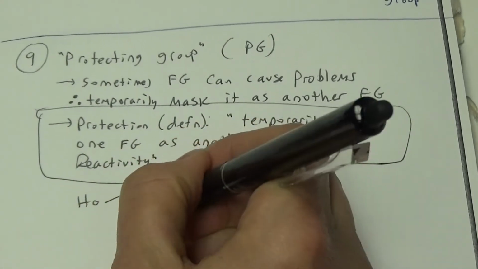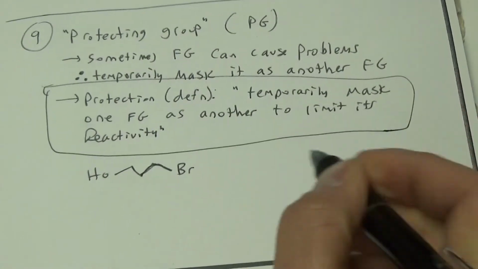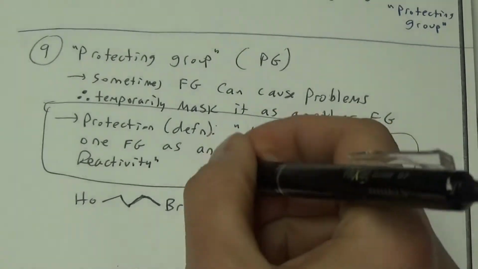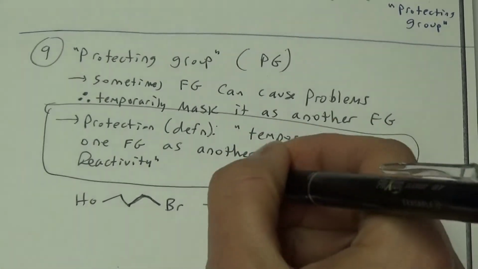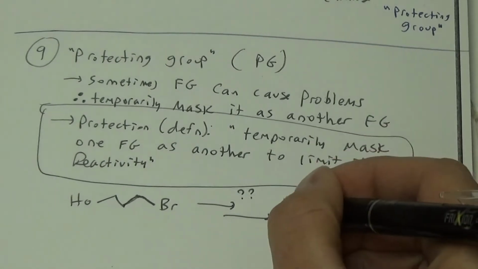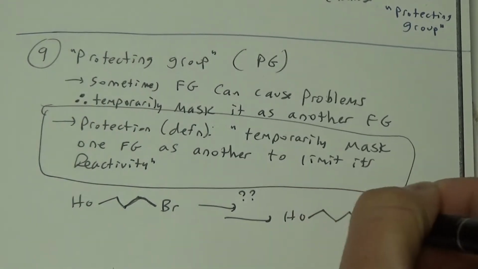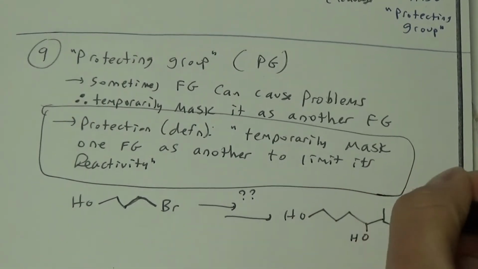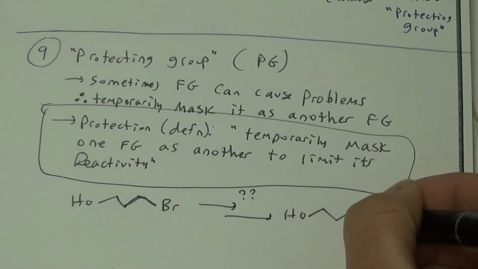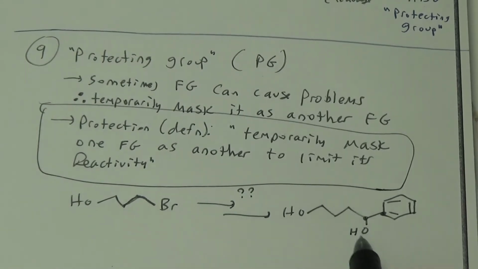Alright, we have 3 carbons, hydroxy, 3 carbons, bromide, and we might ask, how could we convert this into this secondary alcohol?